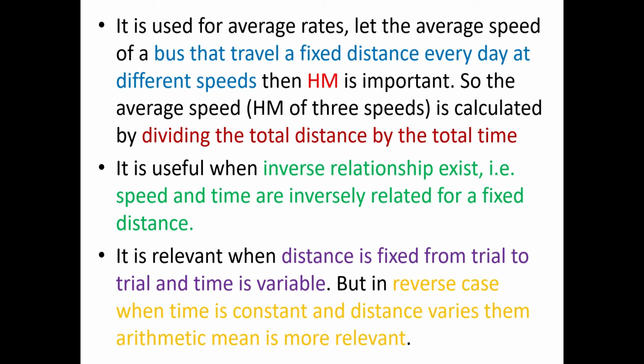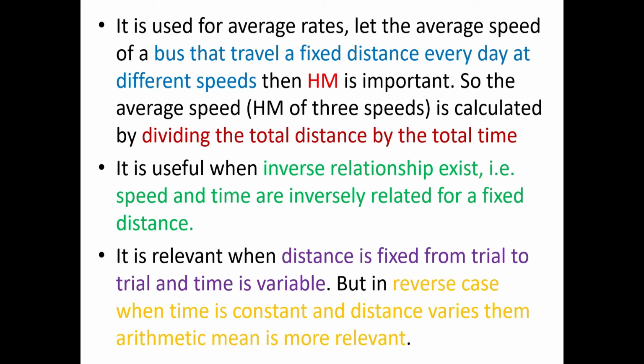Their average speed is to be calculated as a harmonic mean, not by arithmetic mean. So we calculate by dividing the whole distance by the total time. That is the harmonic mean of these three speeds. Wherever the time factor or the speed factor is there, we have to use the harmonic mean.